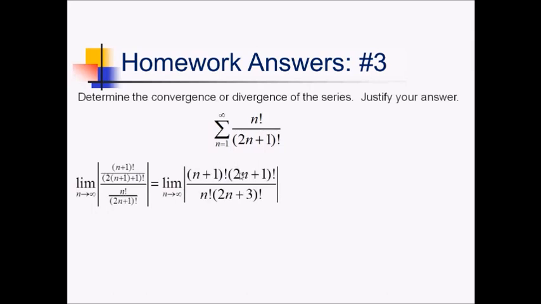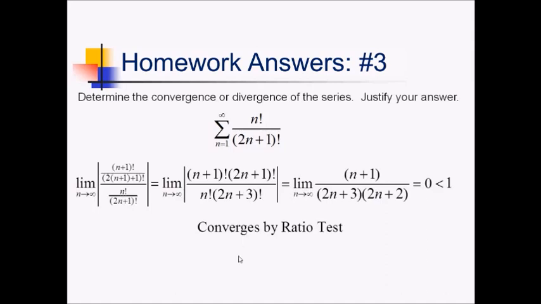And 2n plus 1 factorial and 2n plus 3 factorial, that's going to leave a 2n plus 3 and a 2n plus 2 in the denominator. So I've canceled out all my factorials. There's just a few of those leading terms left over. This is all going to be essentially an n over 4n squared situation. This is bottom heavy, so this is going to go to 0. Since that's less than 1, that means this series is going to converge by the ratio test.